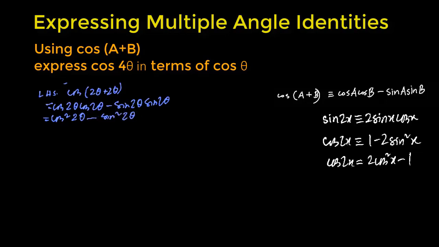I've mentioned that if the same thing is multiplied, we write sin square or cos square of any angle. Now we have to express this in terms of cos, so we have to break this down. So cos 2θ is the same as 2 cos square a minus 1.